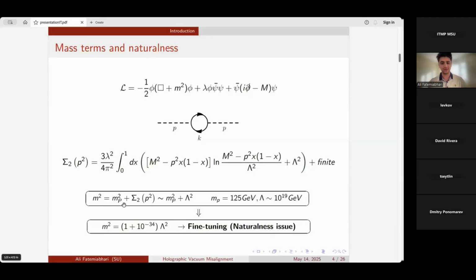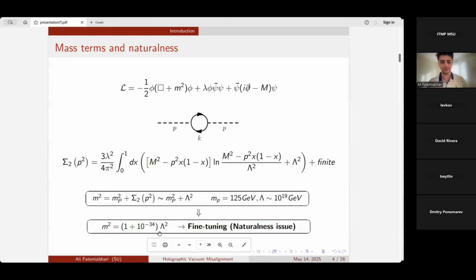For example, the bare mass will be the whole mass of the particle plus the corrections. And then if we think of this scalar as the Higgs of the standard model with a 125 GeV mass, and the cutoff close to the Planck scale, then the bare mass in the Lagrangian takes a very intriguing form.